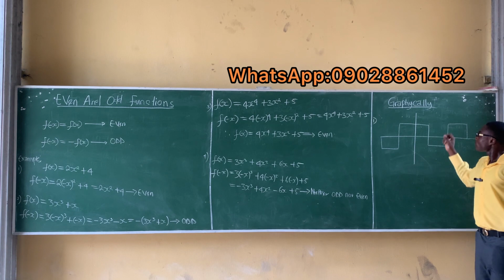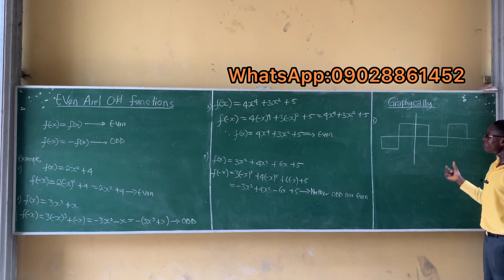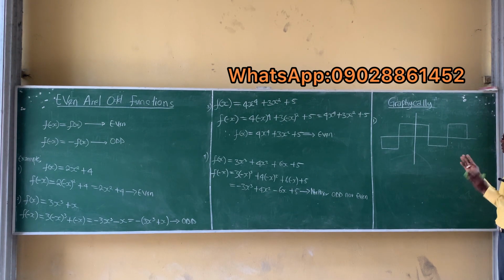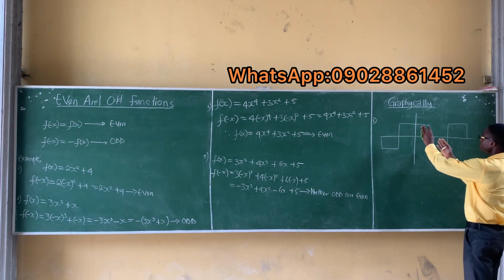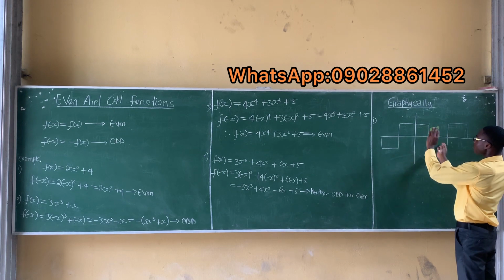So please, graphically, for even function, the graph is symmetric about the y-axis. And for odd function, the graph is symmetric about the origin. But don't worry, we are going to see for odd function. But for even function, they are symmetric about the y-axis.